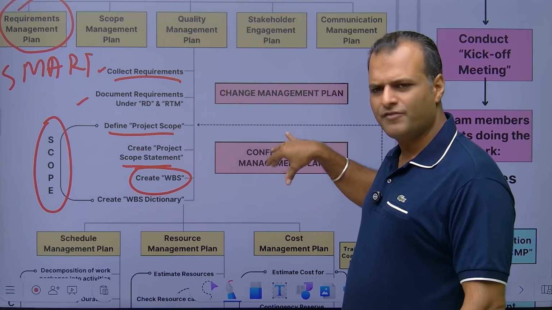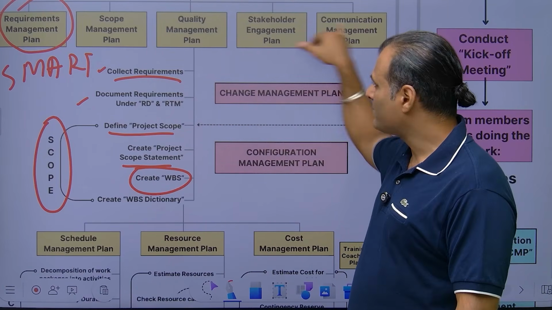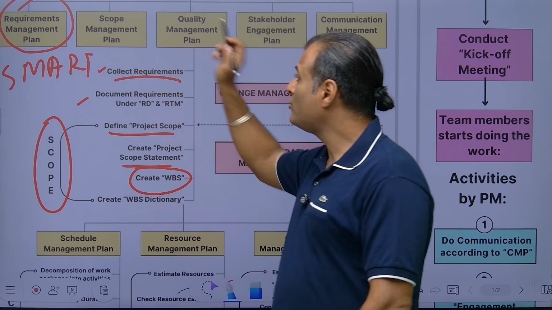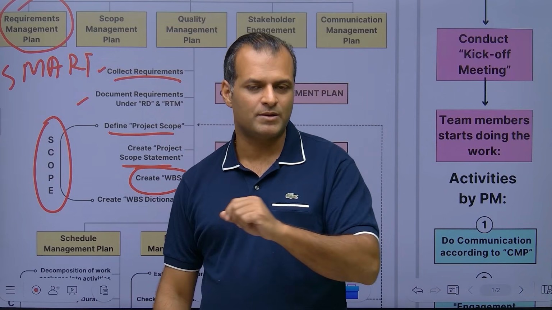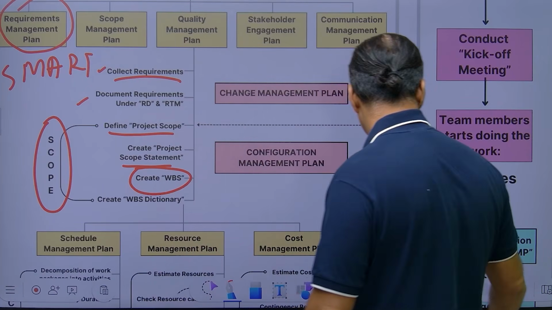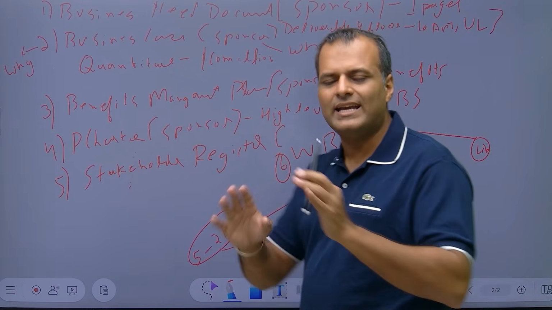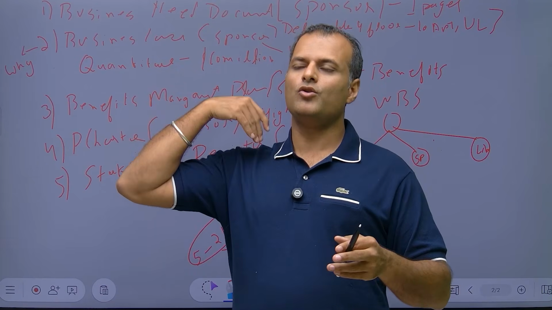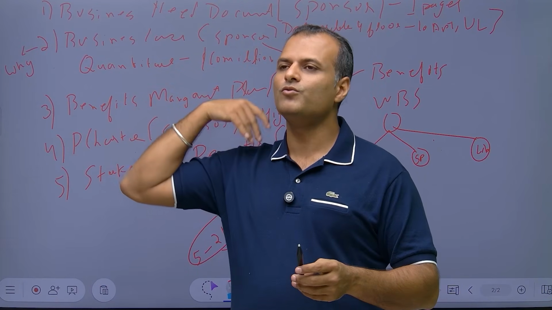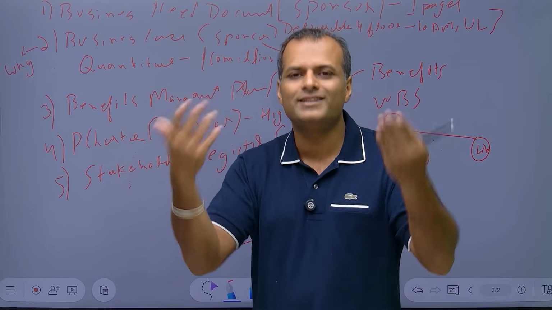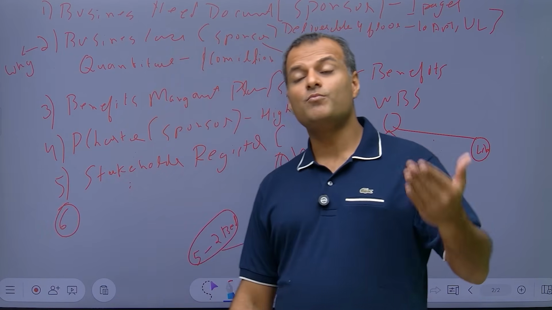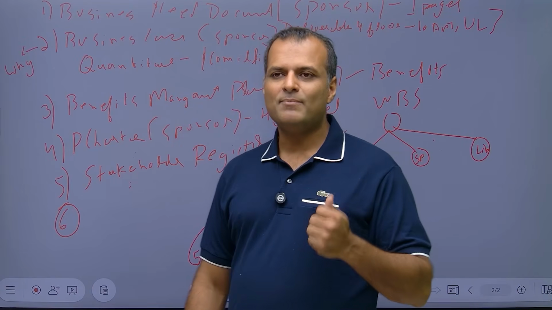Change management and configuration management plan, I'll explain in some time. Let me first finish everything. So you do requirements, you do scope, then you also figure out the quality management plan. Quality management plan is about how you will manage. Again, for all these plans, the keyword is how. How you will do the quality, how you will do quality assurance, how you will do quality control, how you will do the test cases, everything related to that.